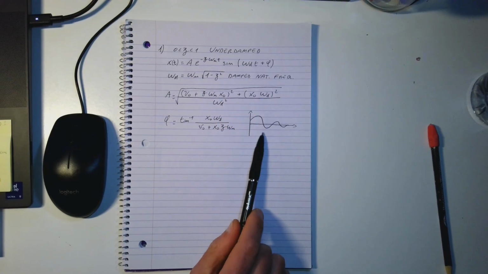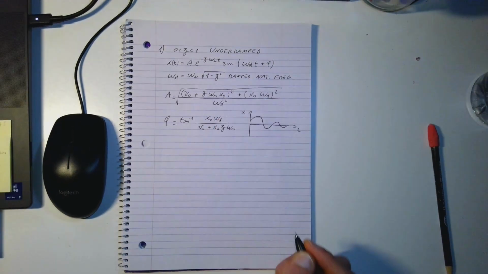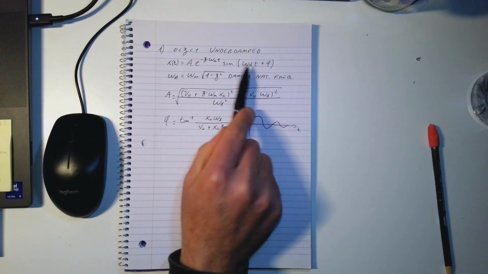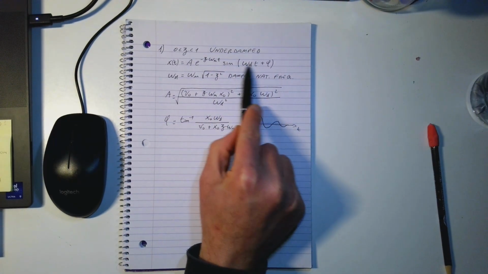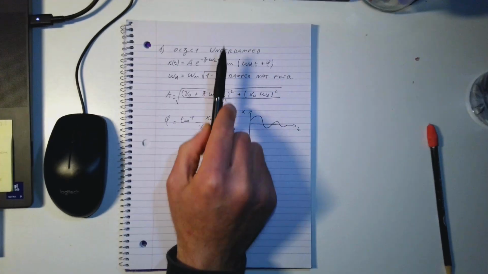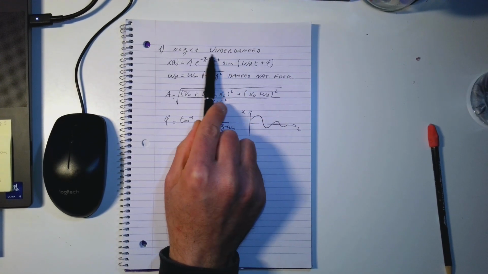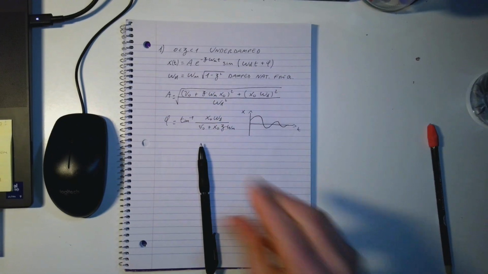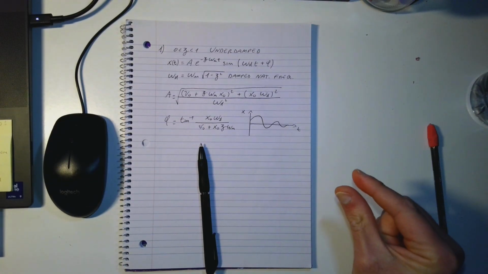So again, this function that we see here, this plot of x as a function of t, of course is the combination of two functions. One is the sine wave, that's why we have the oscillation. The other one is the exponential. So basically this exponential term will tell us how quickly the oscillation will go to 0.